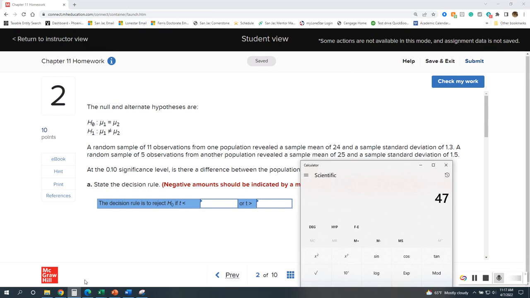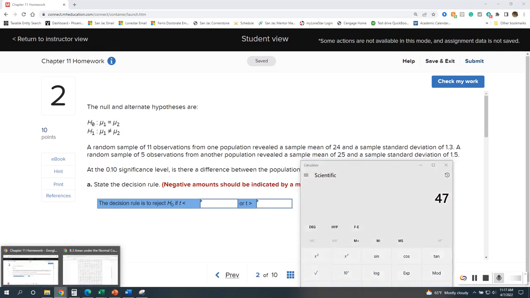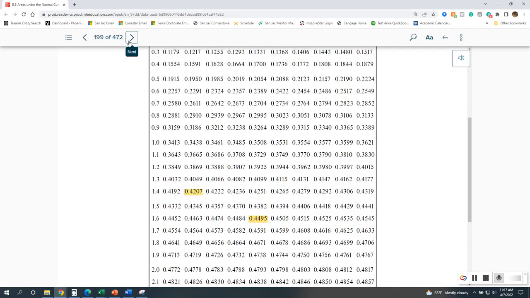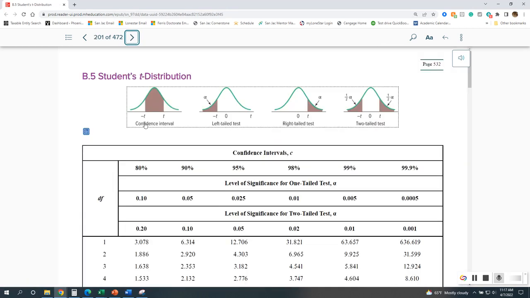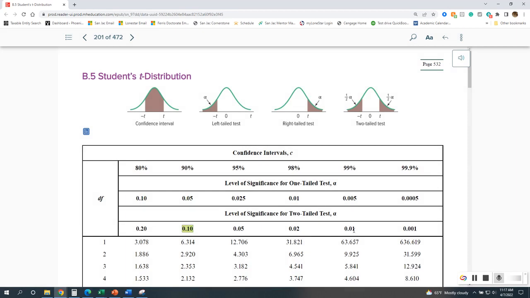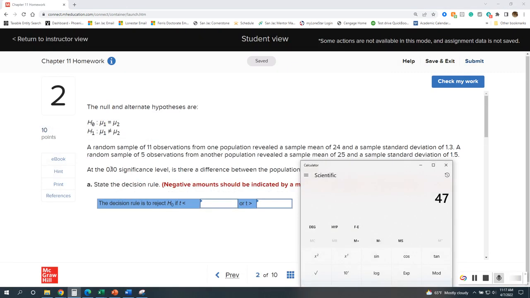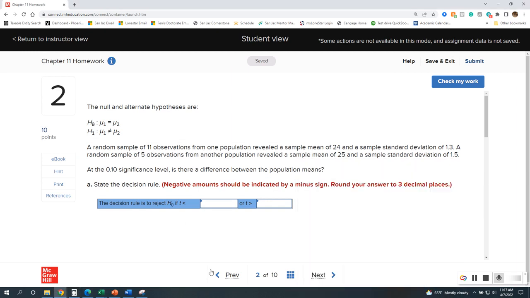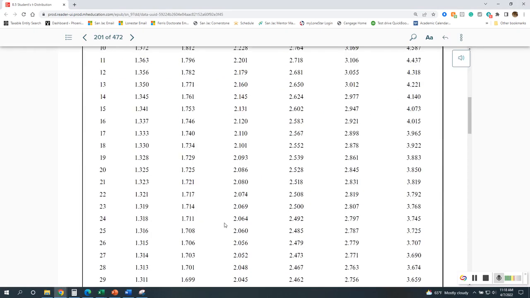Okay, so now we go to our handy dandy chart, find our t distribution. We're looking at a two-tailed test. And for mine, they said the significance level was 0.10. And we're looking for 47.